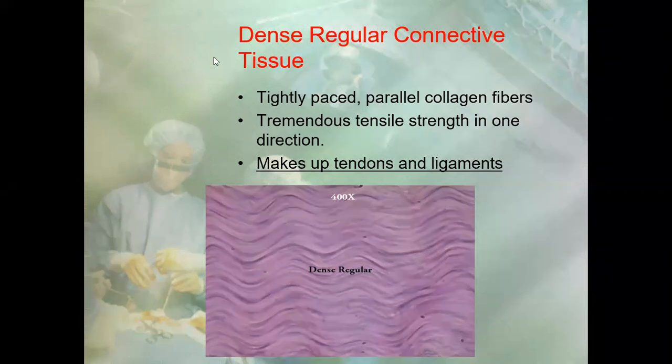Now, dense regular. Remember we had regular and irregular. Regular is where all of the fibers go in one direction, and it's going to resist stretching only in that one direction. I think on Friday we compared it with rubber bands.